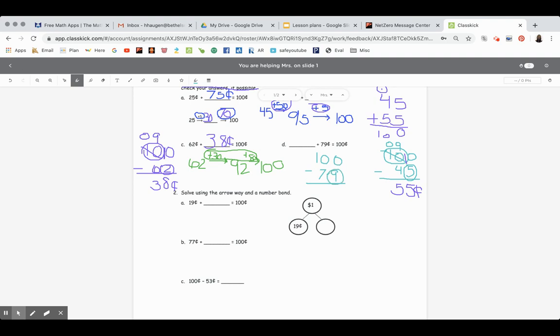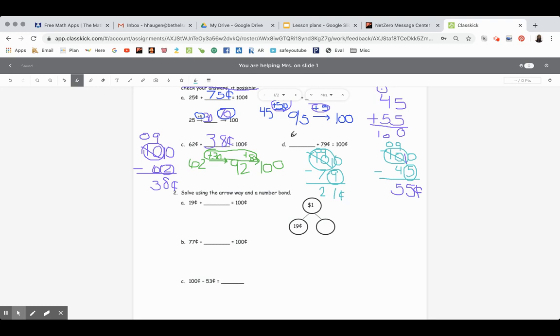However, there's nothing there, so let's bundle. Now I take 10, so I have 0, 9. Now I give 10. So I have 10 ones minus 9 is 1, and 9 tens minus 7 equals 2.